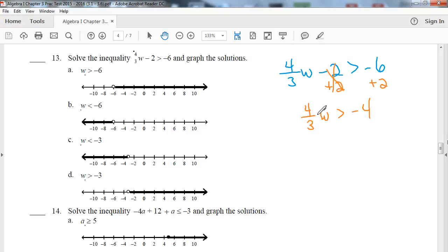And then to undo this multiplying by 4/3, we can multiply by the reciprocal 3/4. Make that a fraction. We have this. And then we have W is greater than, this would be negative 12/4, which is negative 3. So that's option D.